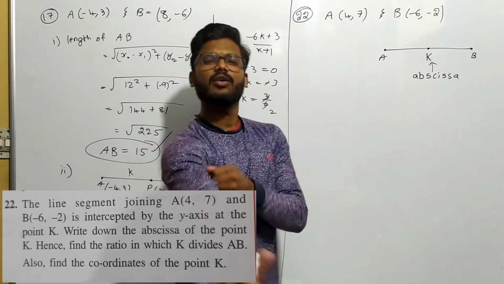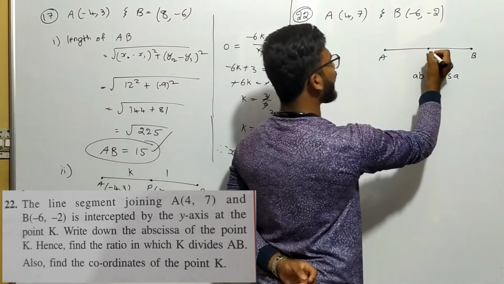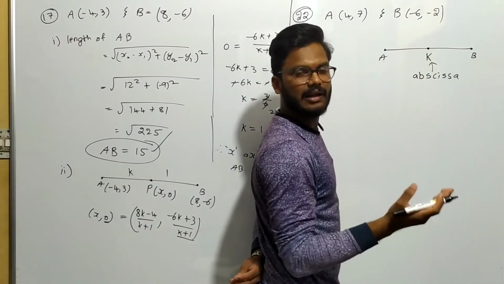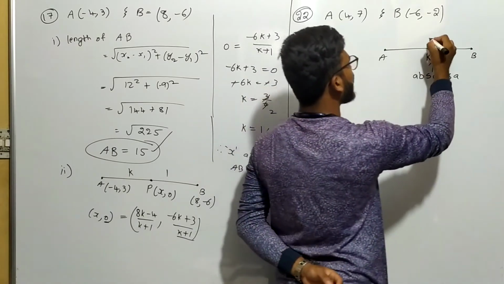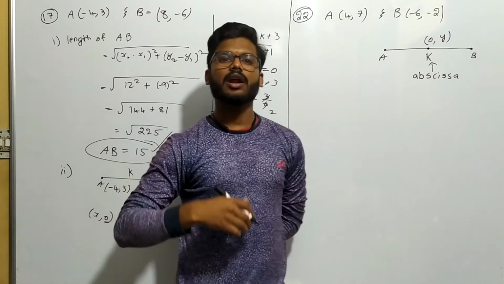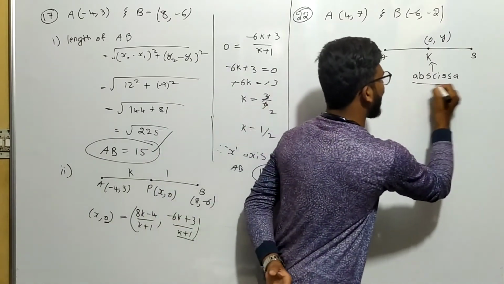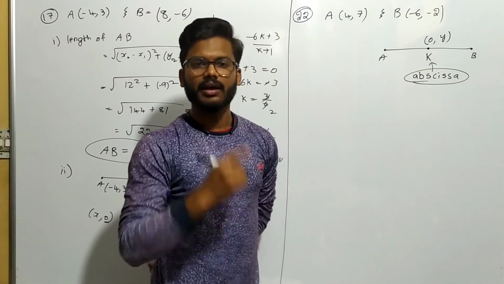See here. First, what did they give in the problem? K is a point on the y-axis, right? So on the y-axis, the x coordinate is 0. So the point is 0 comma y. And in order to answer the question, what do we need? We need to know what abscissa is.